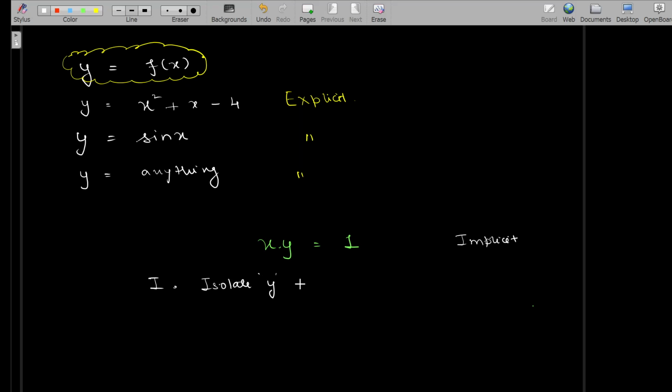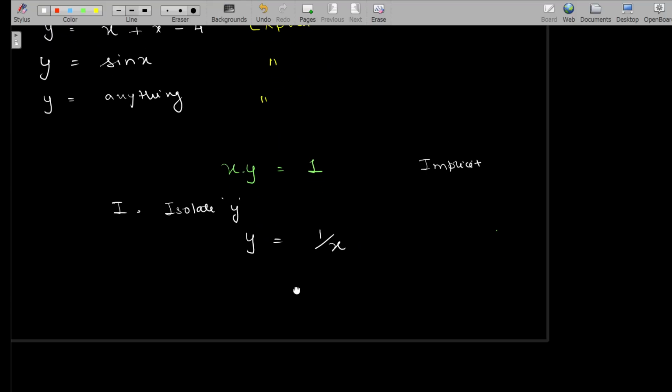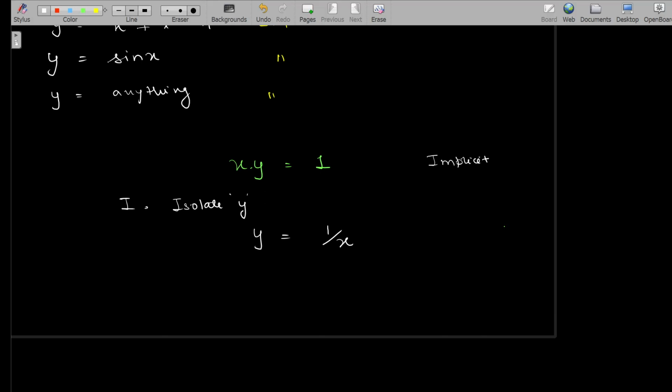So can you try to isolate y here? So would I divide both sides by x? Yes, by x. So you'll get y is equal to 1 over x. So now this is explicit.